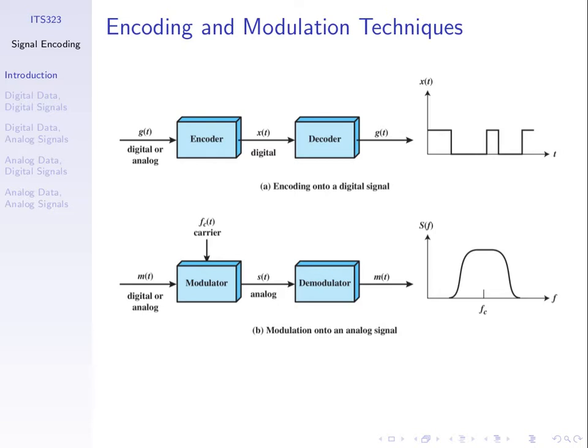So we have an encoder and a decoder when we're dealing with digital representation here. And together, what are they called? If we talk about an algorithm or a piece of software that does both encoding and decoding, what's the name? You've heard of it, I'm sure.